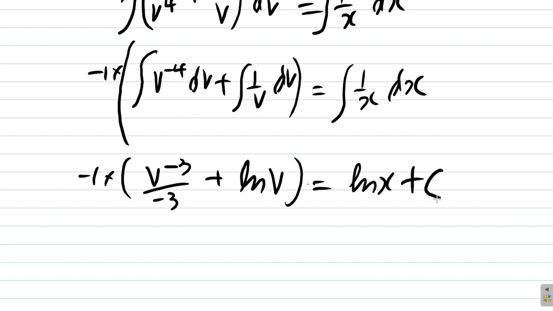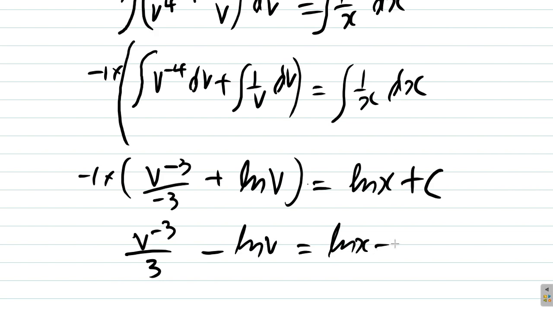Alright. Now, when you open the bracket, multiply by negative 1, this would become positive v to the negative 3 over 3 minus ln v equals ln x plus c.